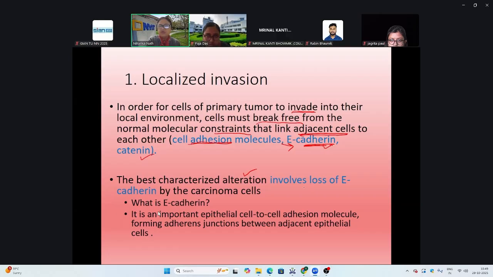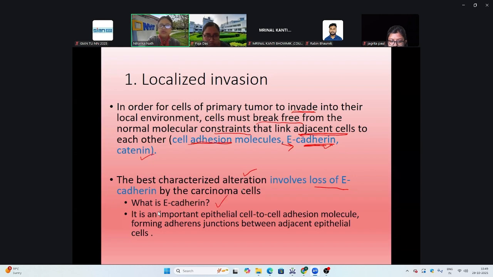What can the cell do? Maybe it can cause a loss of E-cadherin, the cadherin that is required for adhesion. The carcinoma cells can acquire some changes such that there is very little E-cadherin. And so if there's not much adhesion, then that's good for the cancer cell.